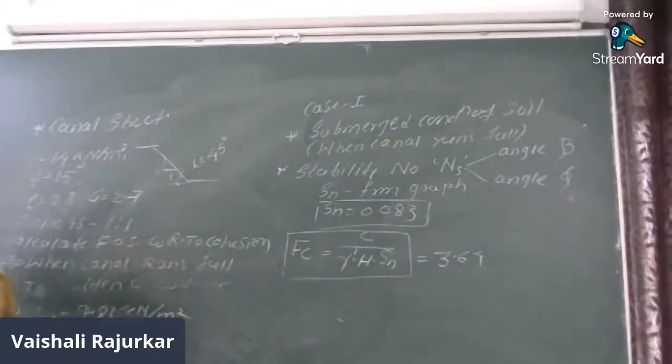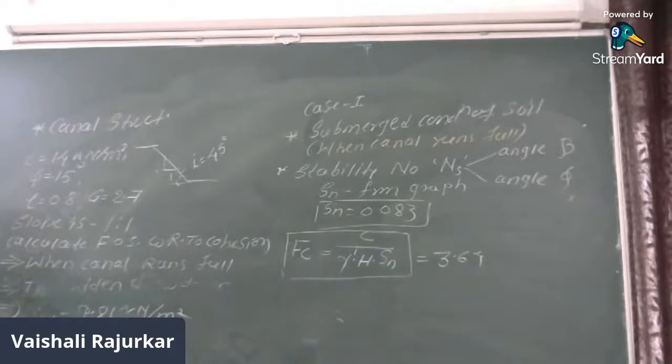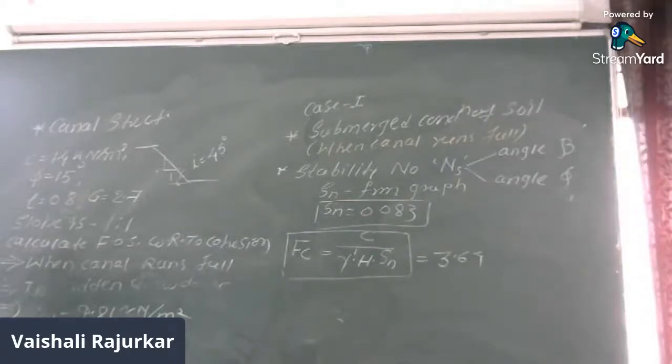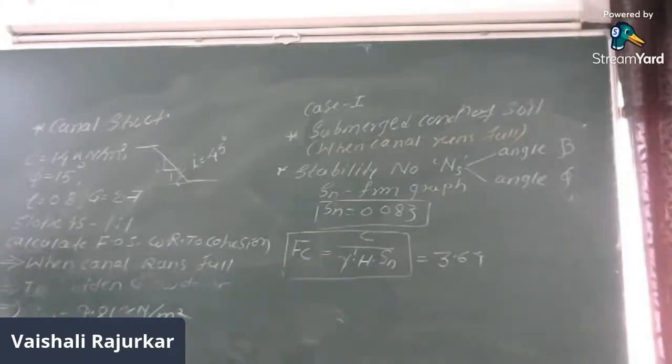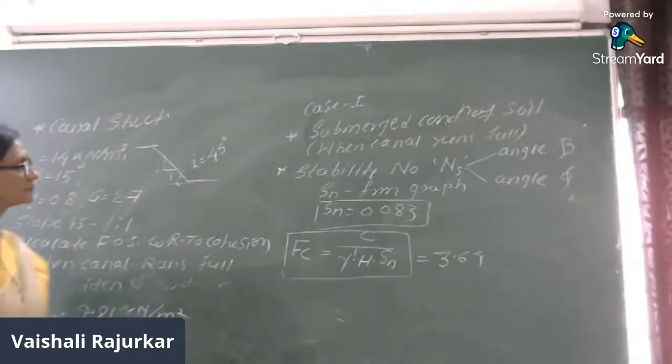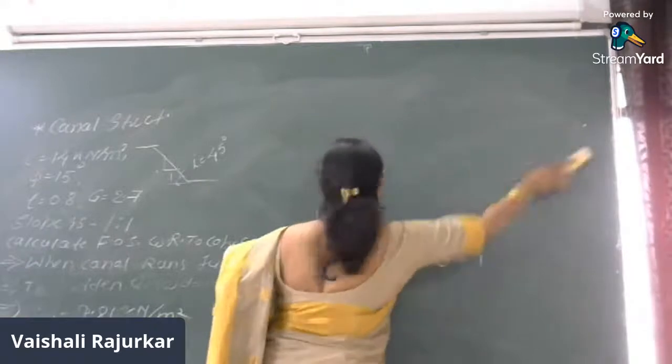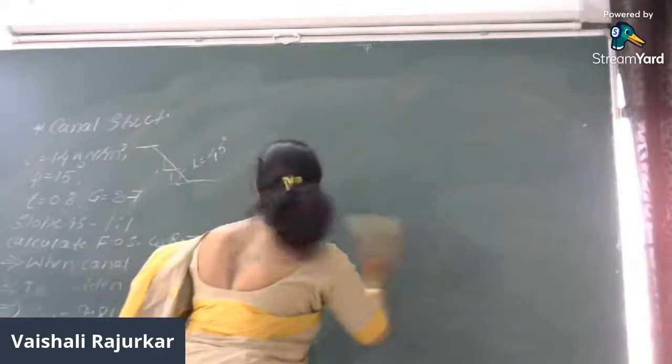So this is the stability which we will obtain in case of the submerged condition. For the sudden drawdown condition, we will calculate the mobilized cohesion where the factor of safety is taken as 1.